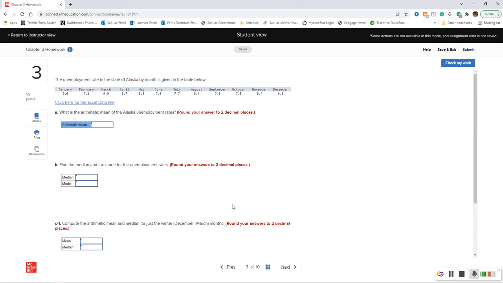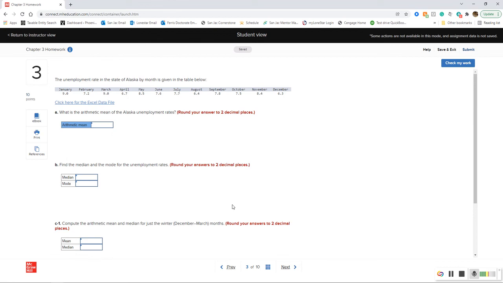Since this is 12 pieces of information, remember, for median, we're going to take the 2 numbers in the middle, add them and divide by 2. And then mode, again, we're going to find the number that repeats most.